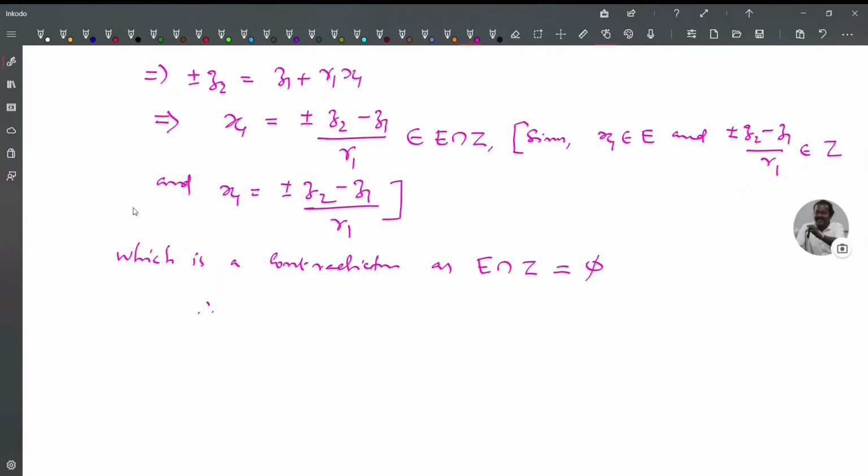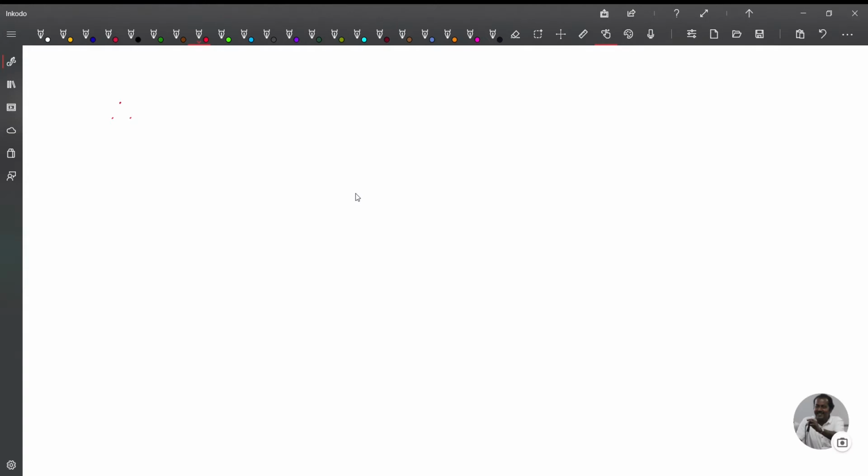This contradiction is due to our assumption that S union minus S is contained in Z. Therefore, S union minus S is contained in Z complement.